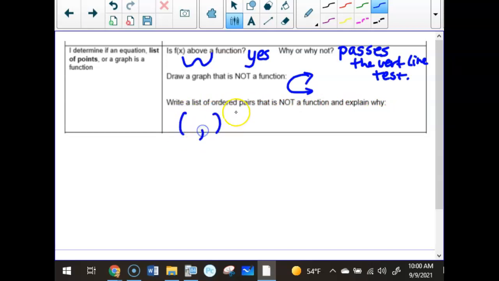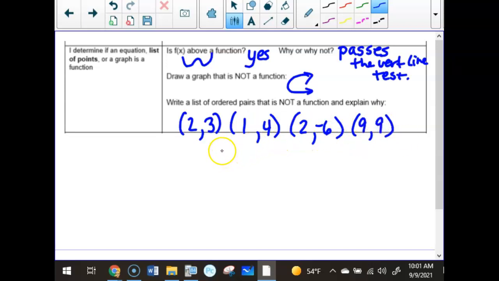So I need some ordered pairs, but I need it to not be a function. How would I know it's not a function? Okay, so 2 of them have the same x, right? Okay, explain why the x's repeat.